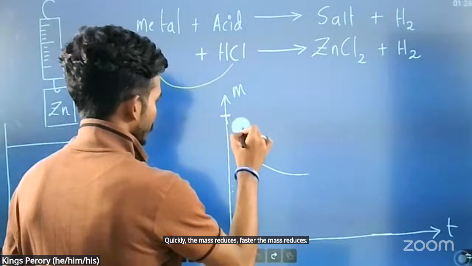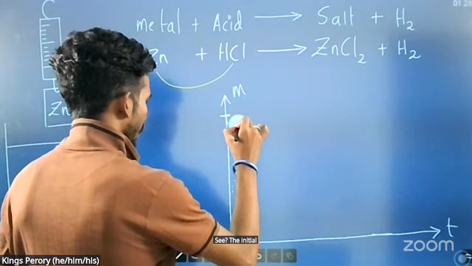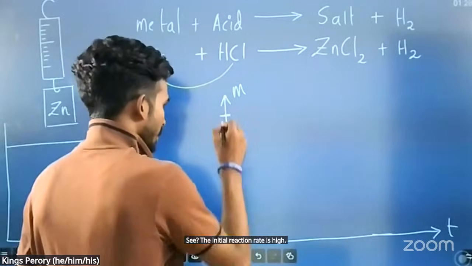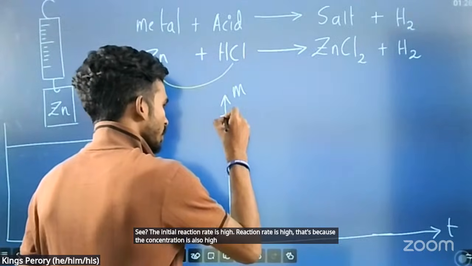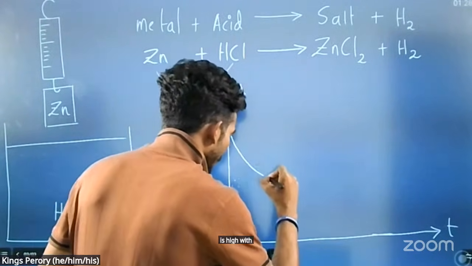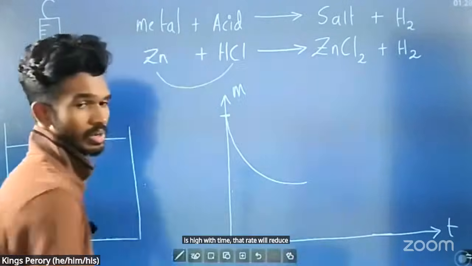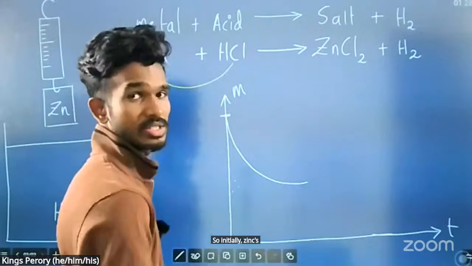Initially reaction rate is high because the concentration is also high. With time, that rate will reduce, reduce, reduce. So initially zinc's mass will vary like this.